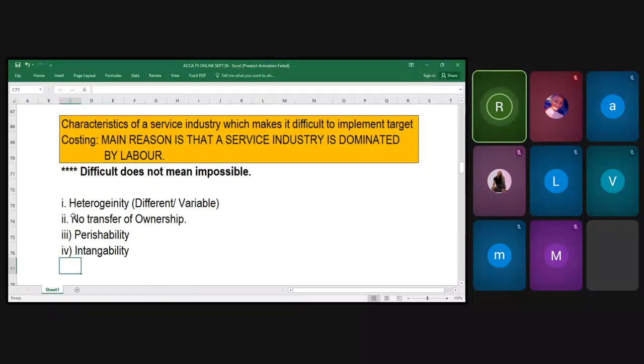But for a service, it's not tangible. You don't really know what you want. Of course, you would want a good service, but you can't really express yourself. You can't touch the service and state the features. That is another item that makes it difficult.